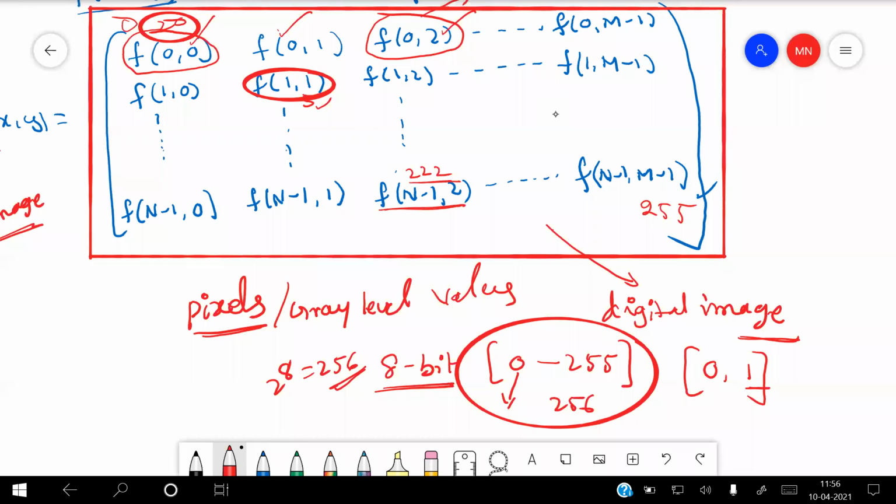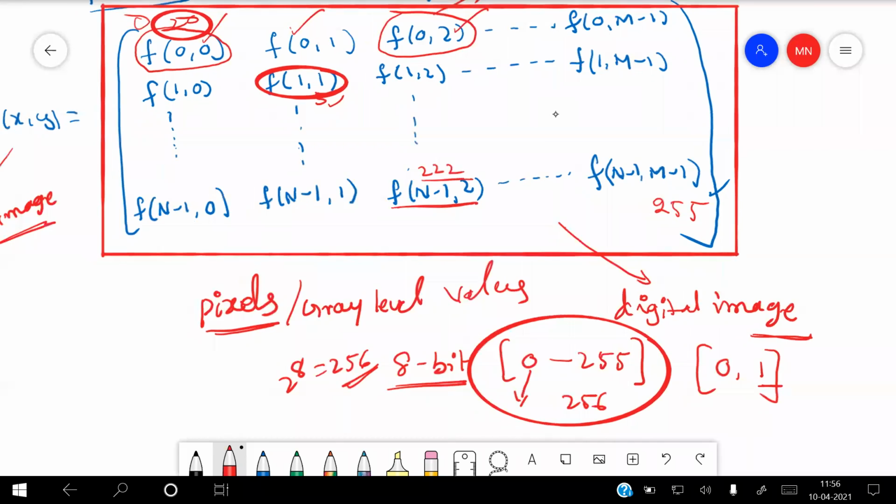Clear? Students, is it clear? Clear, sir. Okay. Sir, can you repeat the definition of digital image?